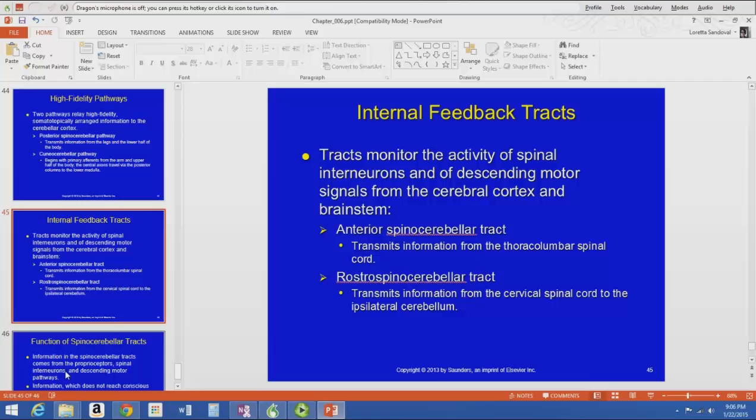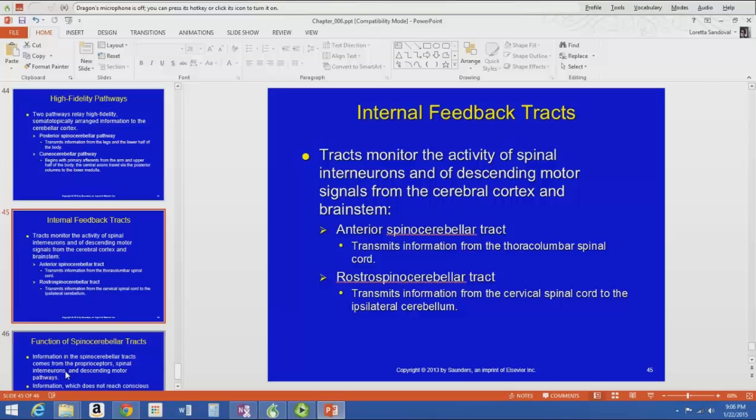A lot of the sensory information that goes to the cerebrum crosses over to the opposite side. The information that goes to the cerebellum stays on the same side. It's interesting. I don't expect you to remember the anterior spinocerebellar tract and the rostrospinocerebellar tract.